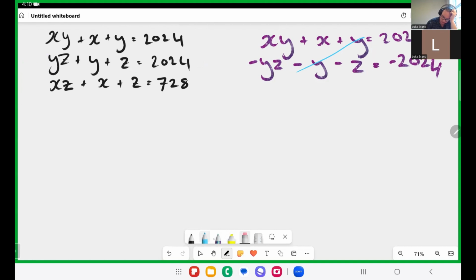Now, with this bottom equation, I'm actually going to leave it as plus z because I want to get rid of that z. If you are wondering how I could just subtract an equation, we can look at that in a separate video in more detail, but in the meantime, let's just do it. Again, I'm going to cancel out these two.